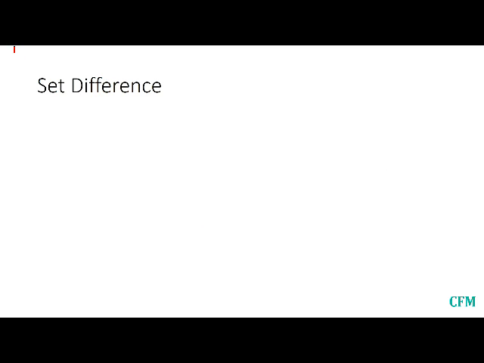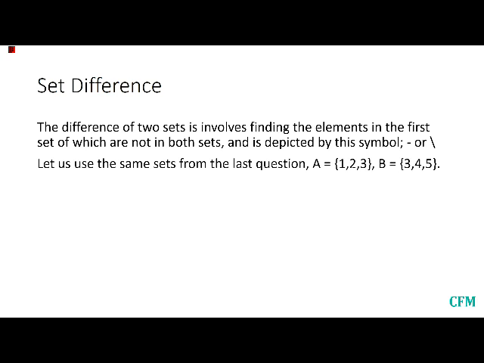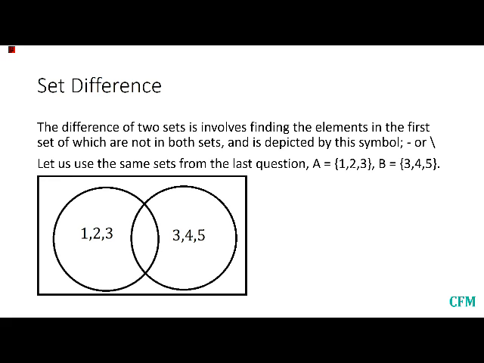Set difference is a little bit more complex. It involves finding two sets in which of the first set the elements are not in both sets. It's a little convoluted, but essentially use the symbols minus or slash, and it's saying what is in the first set that is not in the second. So we've got A difference B, so set 1, 2, 3 minus set 3, 4, 5.